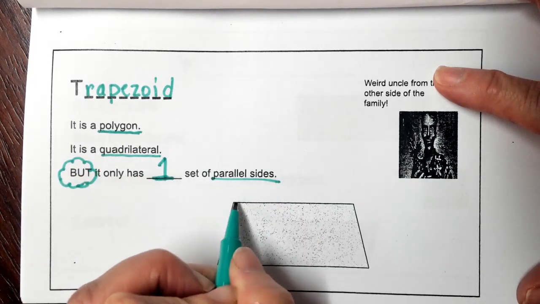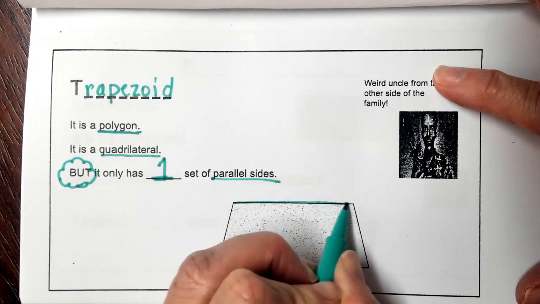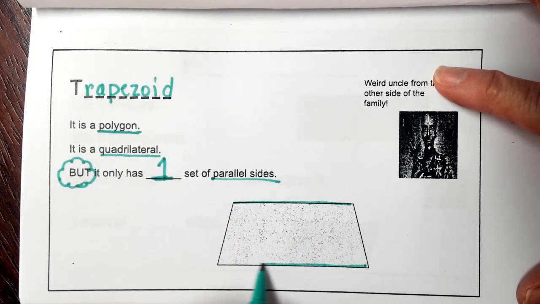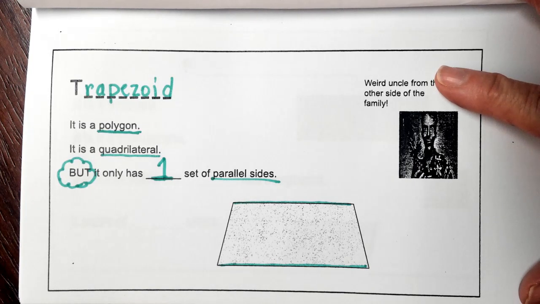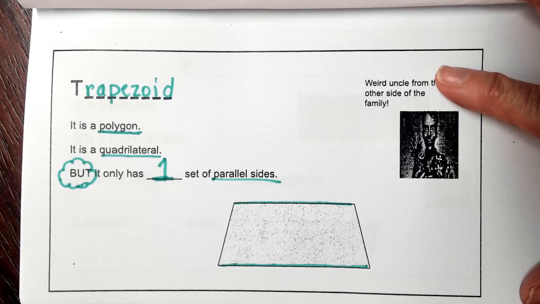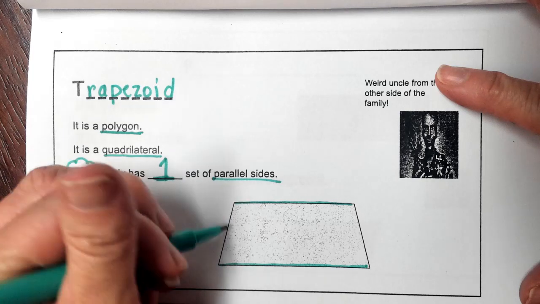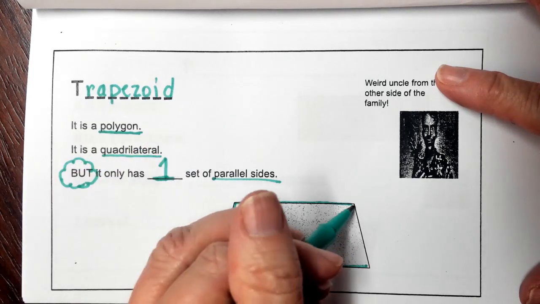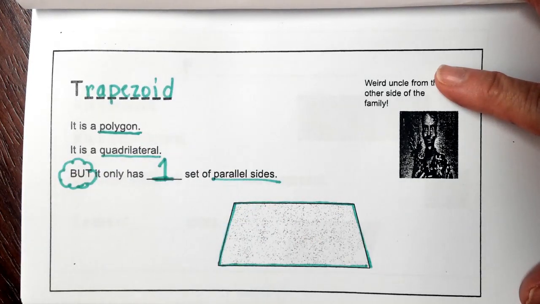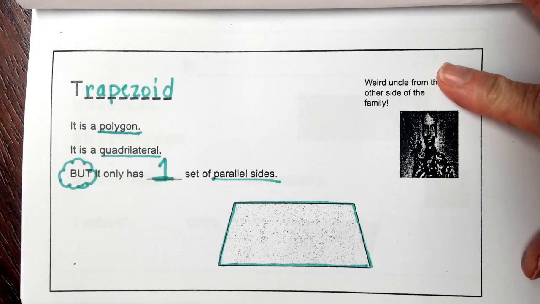Our classic representation of a trapezoid is this, because when you were in 1st grade, or maybe even kindergarten and 2nd grade, you pulled out the pattern blocks, and the red pattern block you were looking at was called a trapezoid. So it had this figure. This is what I would call your classic trapezoid figure. But you need to remember that there are other trapezoid figures out there.